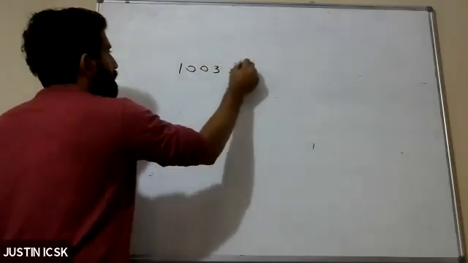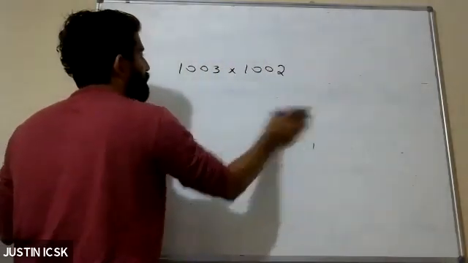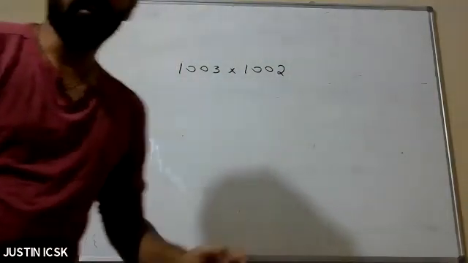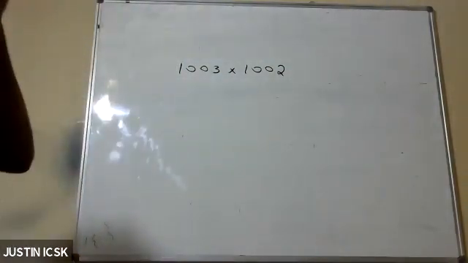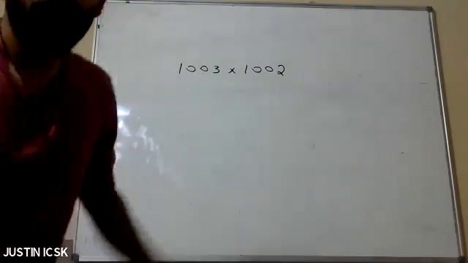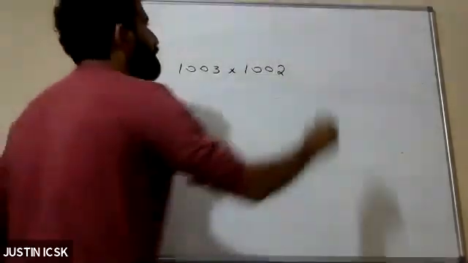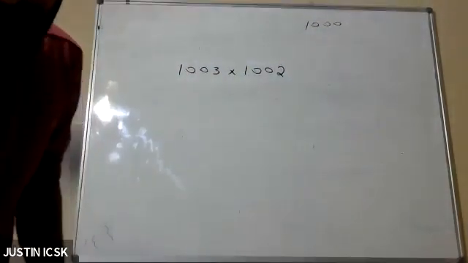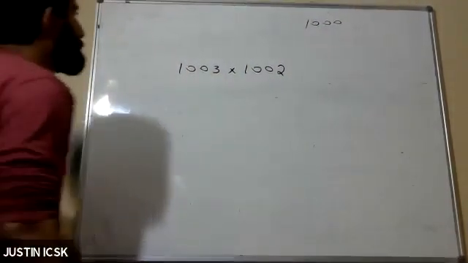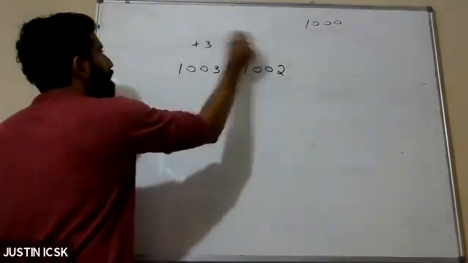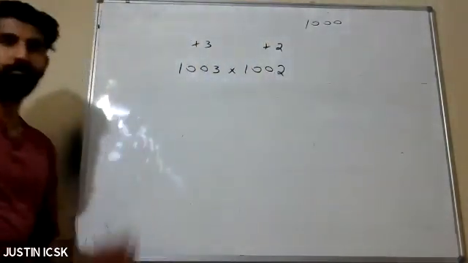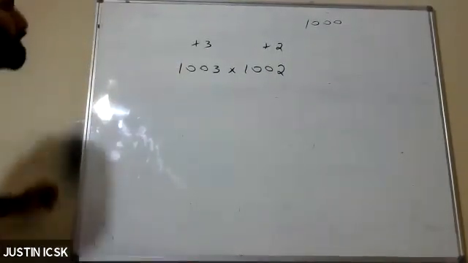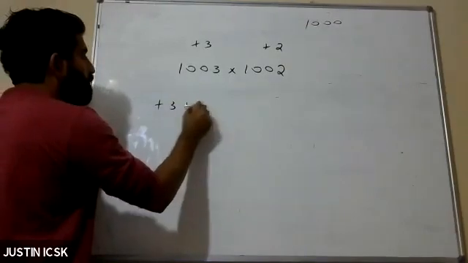1003 and 1002. This question's base is 1000, okay? Base is 1000, not 100. So this is plus 3, plus 2. Same method. Plus 3 and plus 2 will get plus 5.